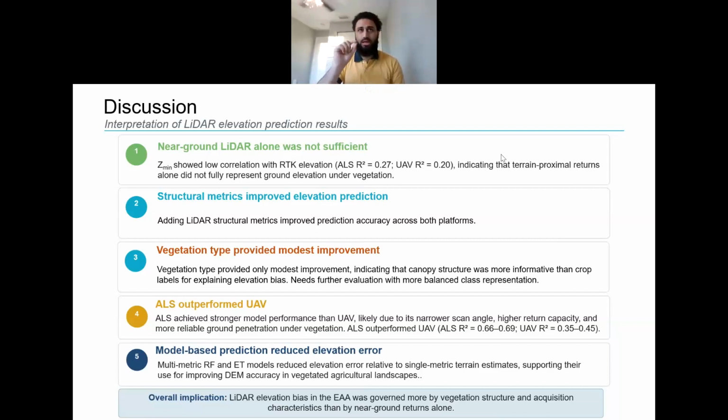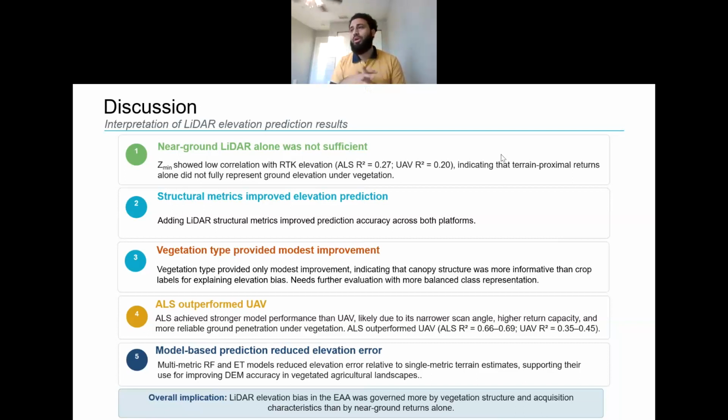So if the beam is getting 6 or 7 points back, the sensor was able to record 6 returns. But in UAV, although we had an umpteenth number of points, the sensor was only able to record 3 returns. And why is that?